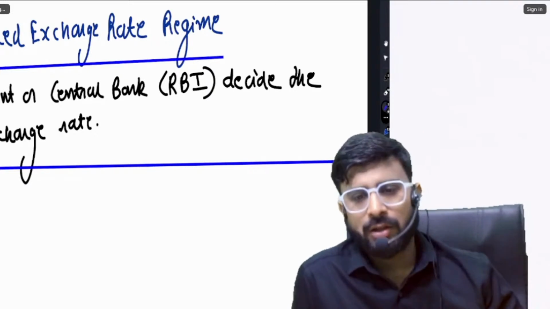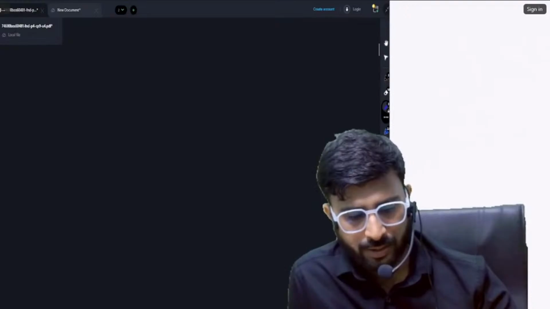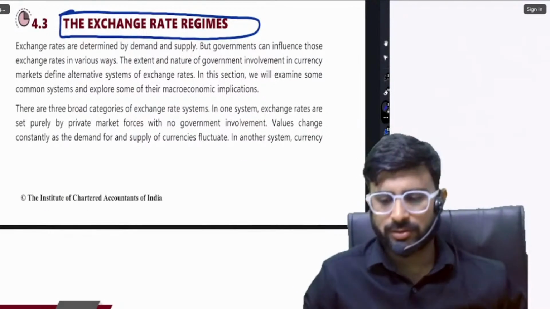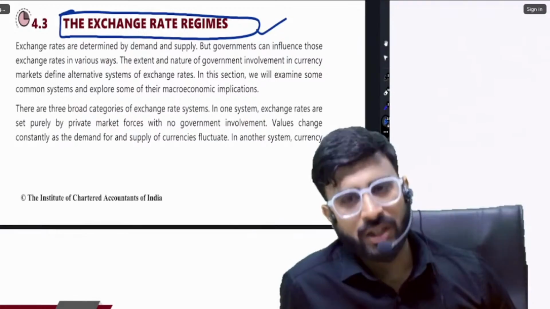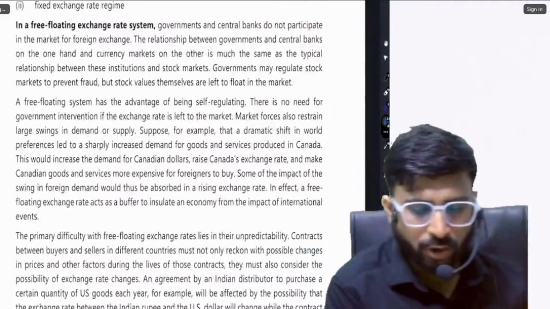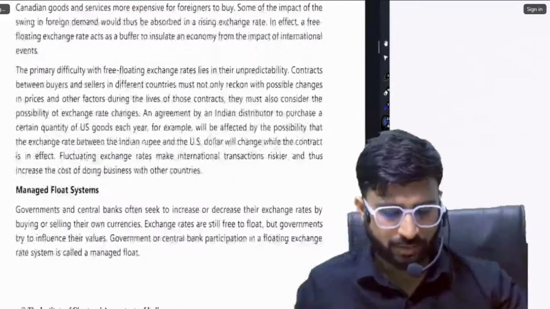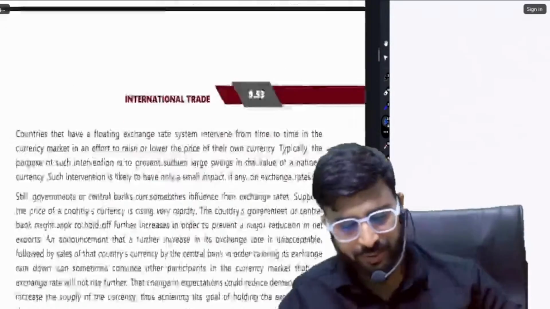So everybody, let's delve into the institute's book. Here it is: the different exchange rate regimes, as you can clearly see. Free float, we discussed. I will discuss from the book as well, don't worry. Managed float, we discussed.